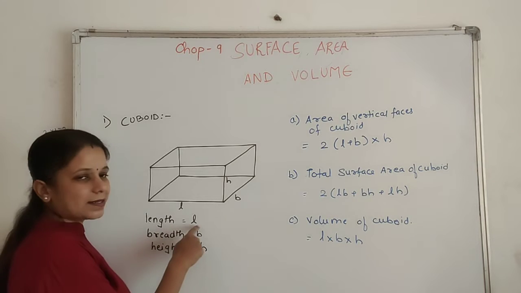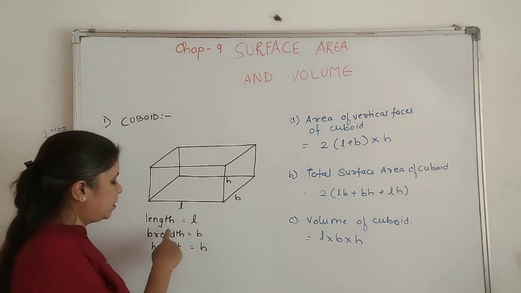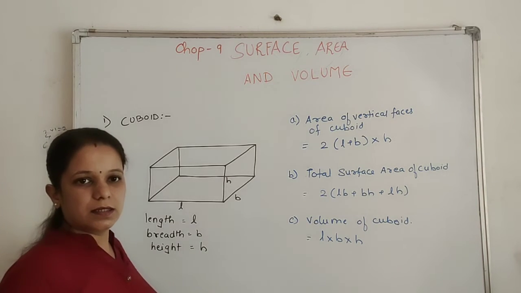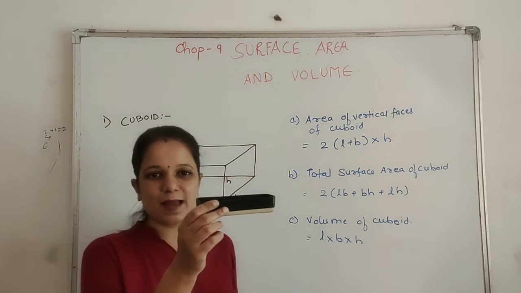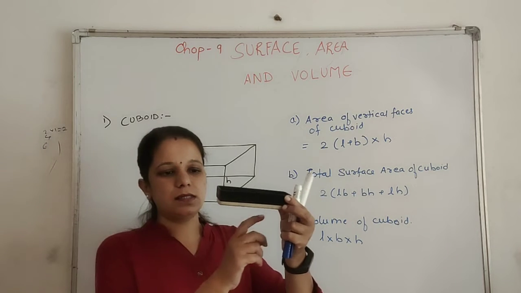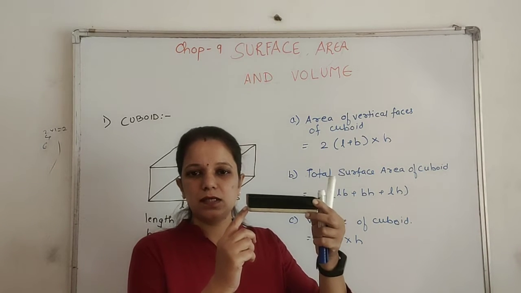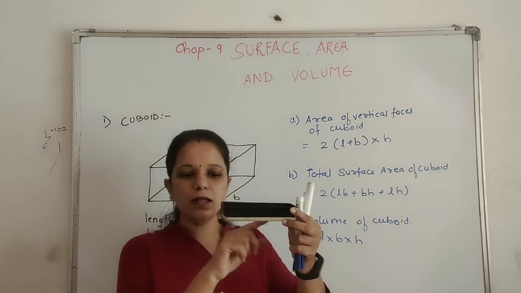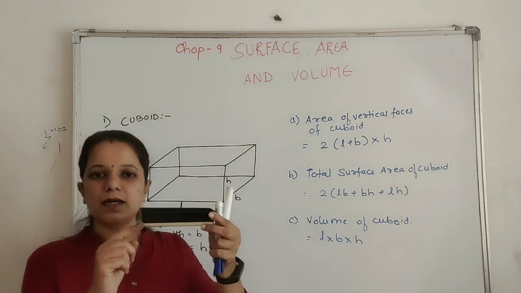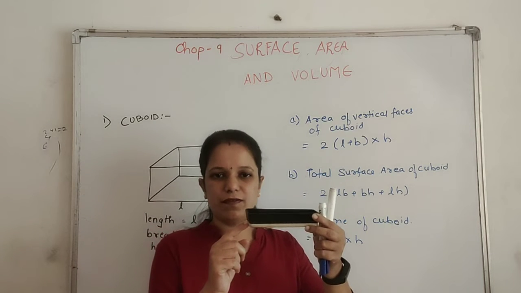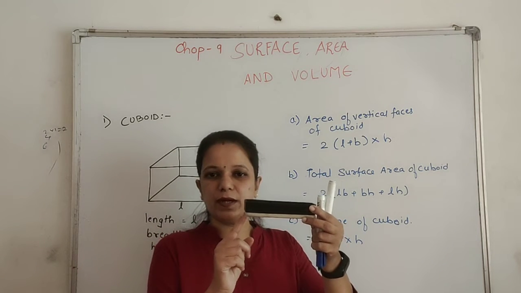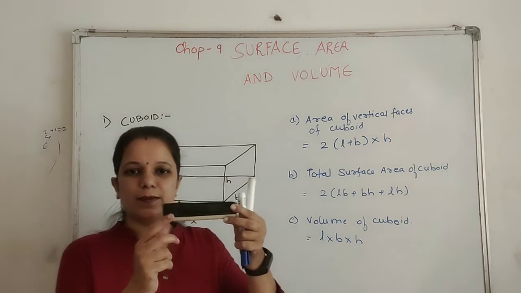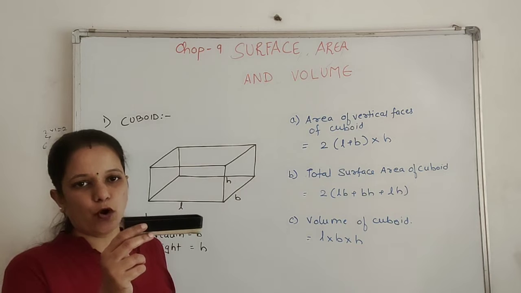So here let us consider length as L, breadth as B, height as H. Now for a cuboid we will take an example of this duster. This is the length, this is the breadth and this is the height. Okay. All the dimensions are of different values. Length is bigger, breadth is a little bit smaller, height is in between length and breadth. So this is your cuboid.